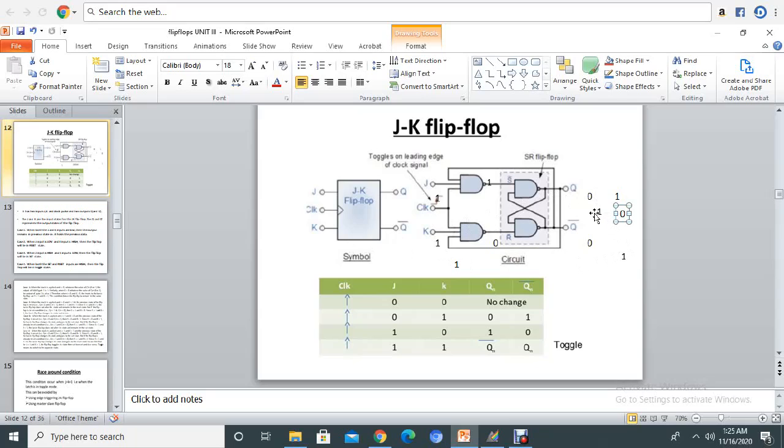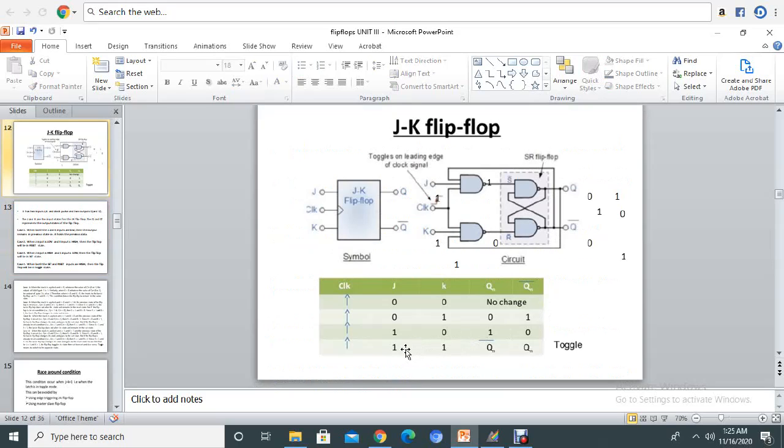Similarly, previously 1 in the output, after applying clock pulse, you will get 0. So 1 is changed to 0. 0 is changed to 1, 1 is changed to 0. This action is called toggling. 0 to 1, 1 to 0 change is called toggling state.